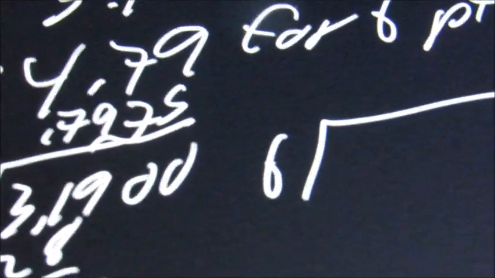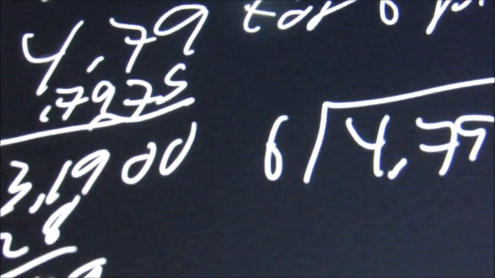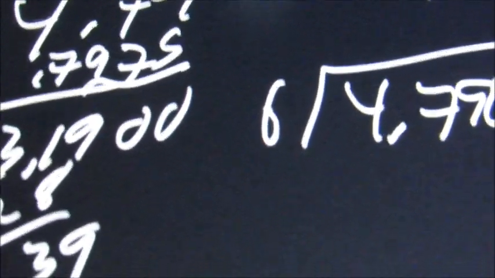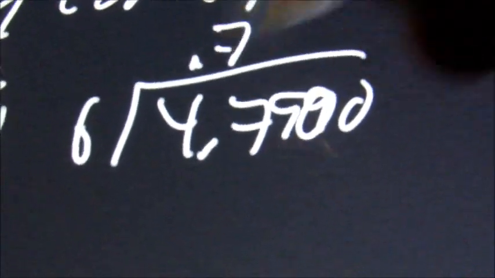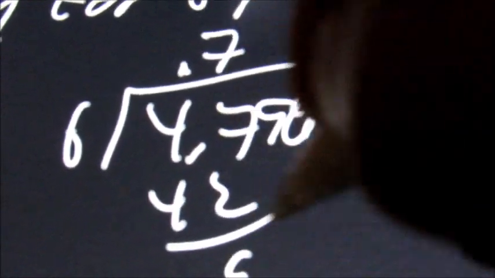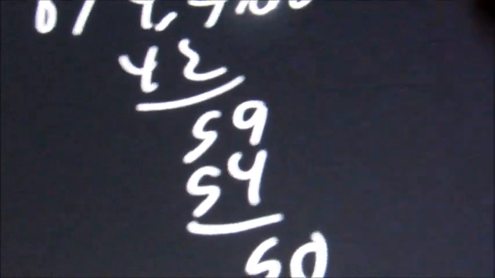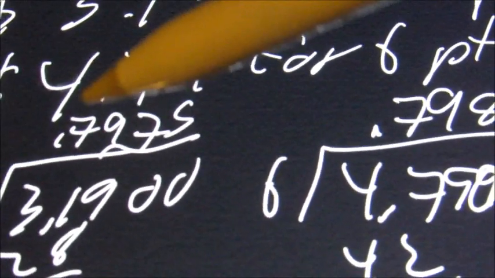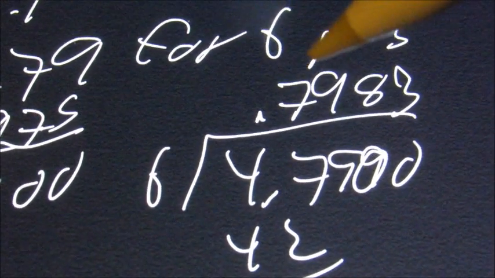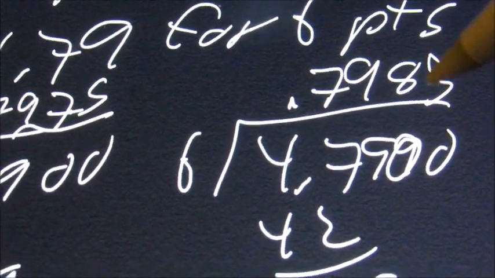For the other, 6 into 4.79, I'm also going to need to put 2 zeros. So it's going to be 7, 42, 5, 9, 9, 54, 5, 0, and then 8, 48, 2, 0, 3. So here, this is 0.7975, this is 0.79, and then an 8.